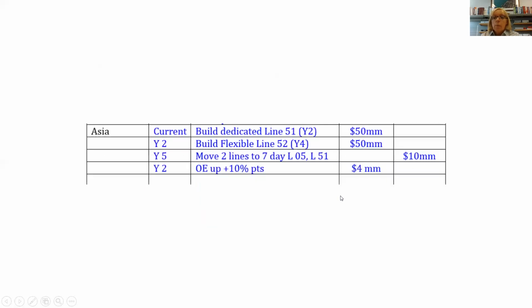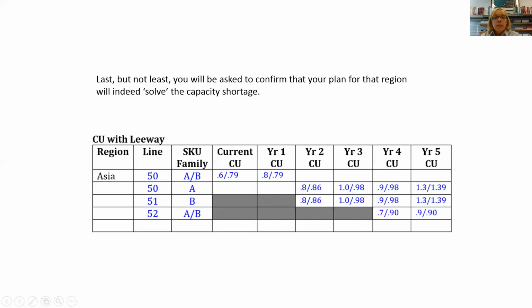B. If I go back up to this page, that's when I knew that this one wasn't correct. It's going to come into place in year 3. I know that because when I build that flexible line, it's going to be able to do either. Look at line 52 and what comes into play when I do that in year 2 in terms of the amount of capacity that comes online.